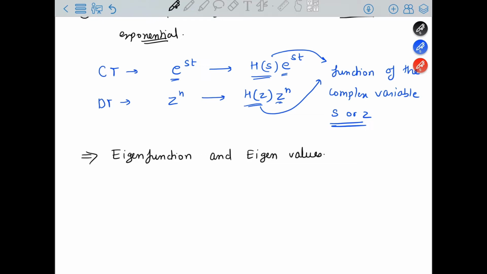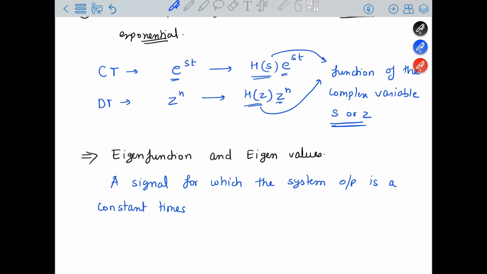To define: a signal for which the system output is a constant times the input is referred to as an eigenfunction.